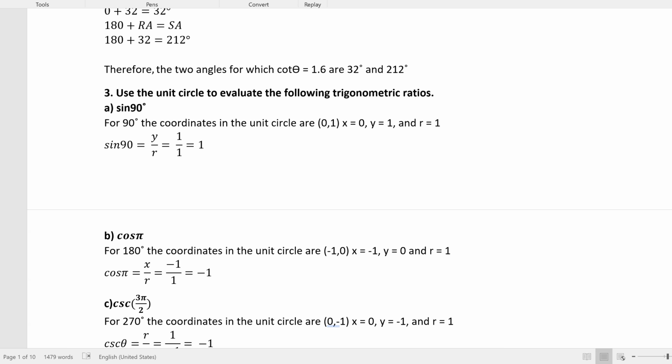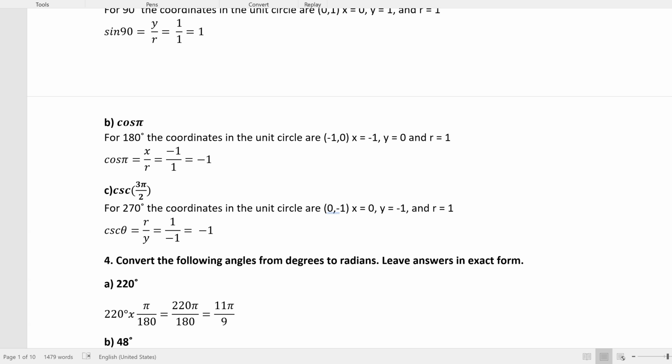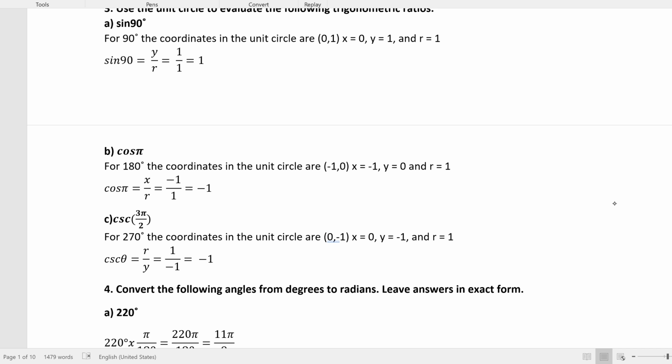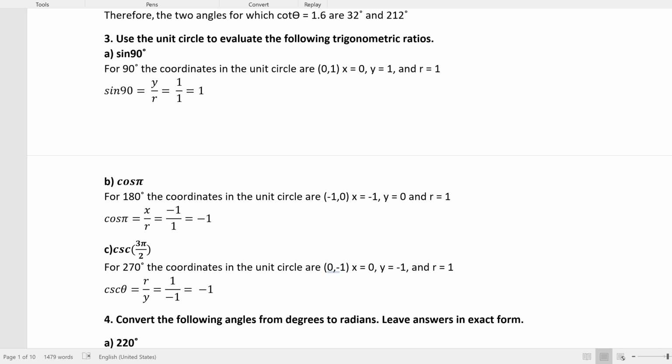Number 3. You can make diagrams if you want, as I showed you in the first case, A. So you can make diagrams for B and C. I don't know if you know how to make diagrams in Word. Are you using Word software? It's not that hard though.